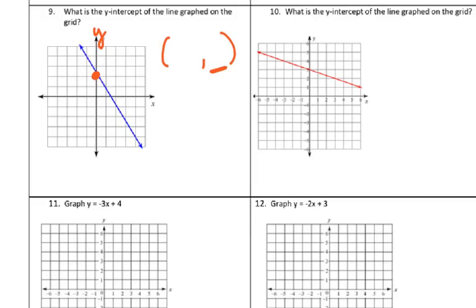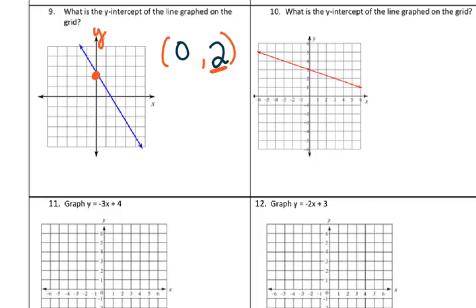This graph is a little off, we're going to say that it crosses the y at 2. I know it's a little bit above 2. The one on your test will be on a perfect, exact little corner here. So my y-intercept, the y, is 2. So I put the 2 in the y spot of the ordered pair. So this is 0, comma, 2.